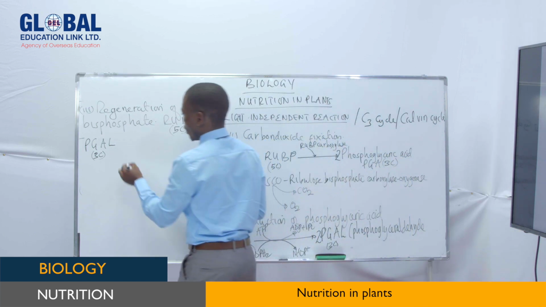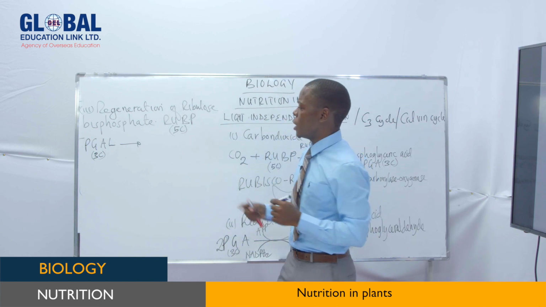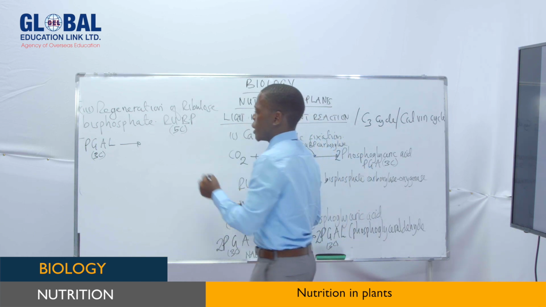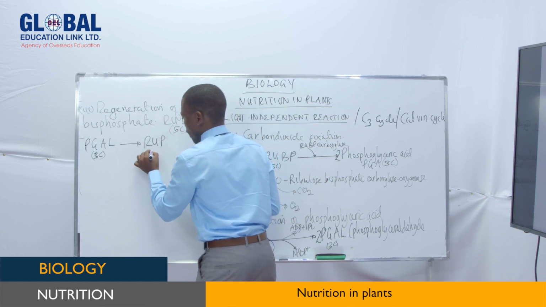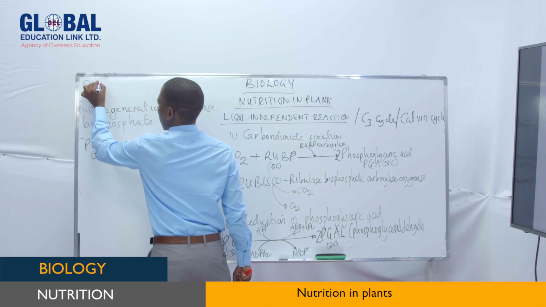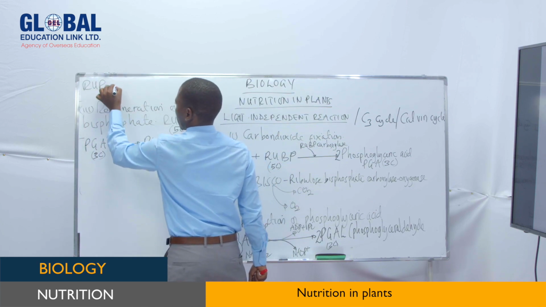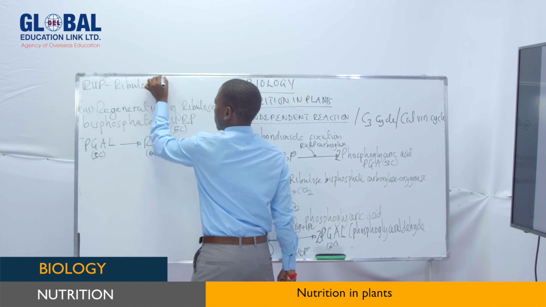Therefore, PGAL first is converted into a molecule known as RUP. This 5-carbon compound is RUP, ribulose phosphate.